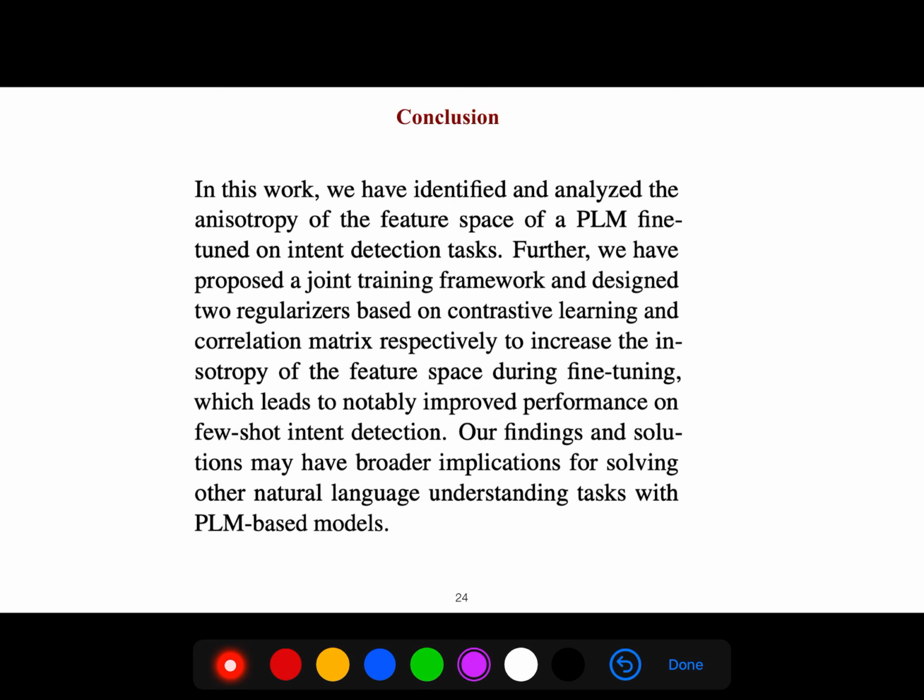So we have identified and analyzed the anisotropy of the feature space of a pre-trained language model fine-tuned on intent detection tasks.